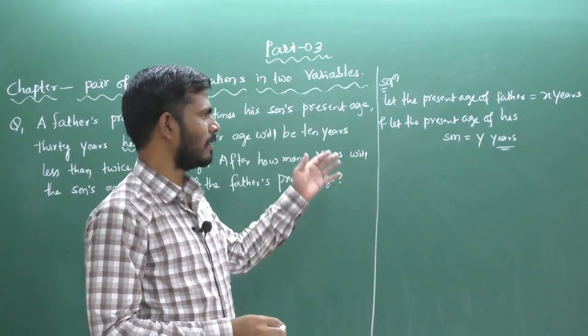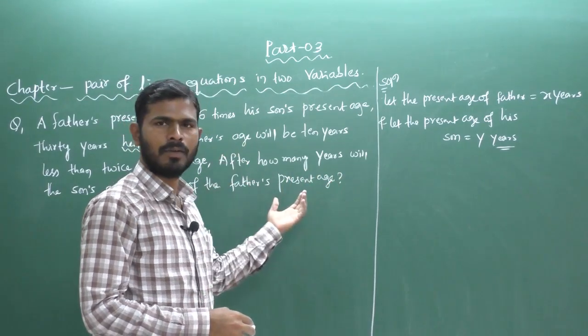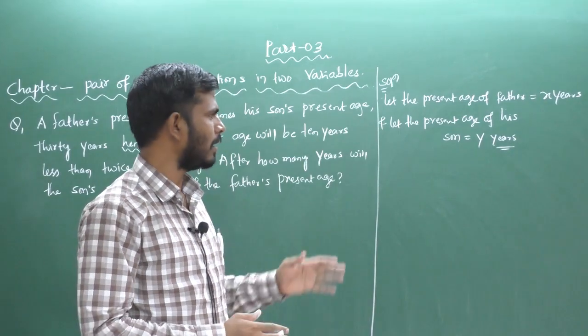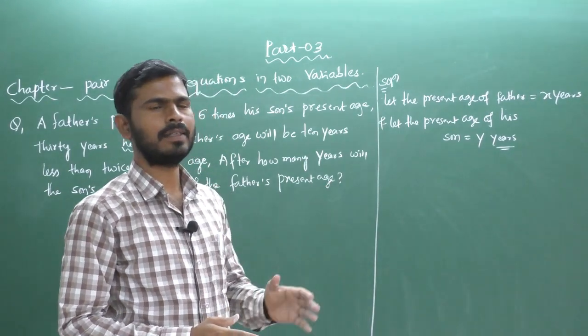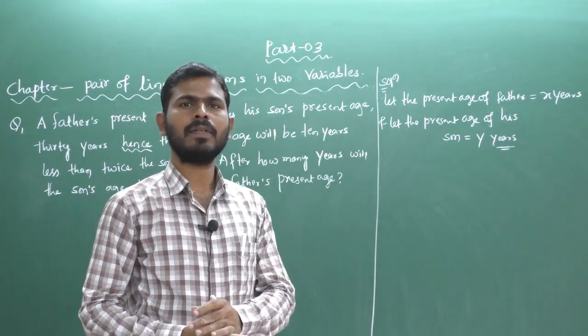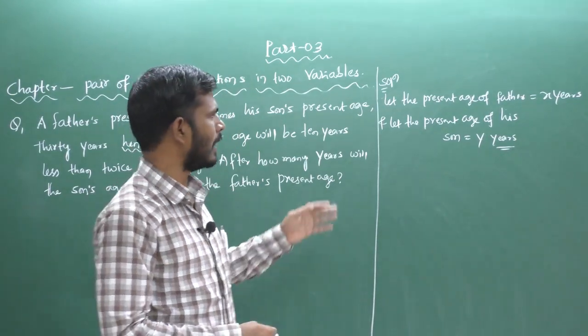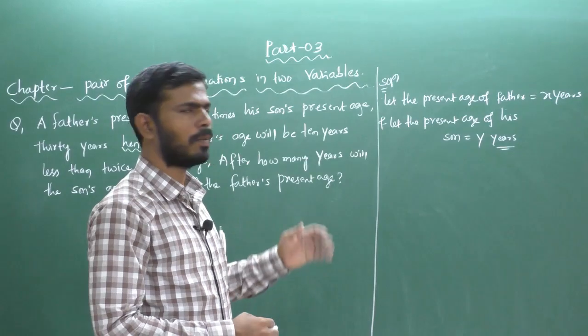Some students solving this board problem will directly take father's age is x years and son's age is y years. Don't take it like this, because there is a chance of losing marks in the board exam. That's why you should always write in a proper sentence.